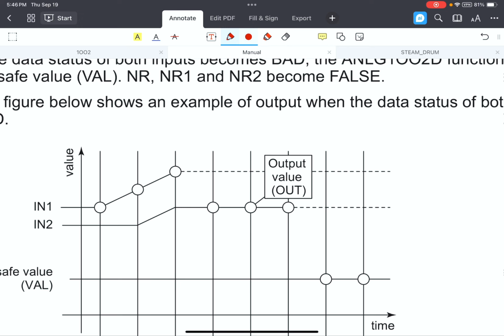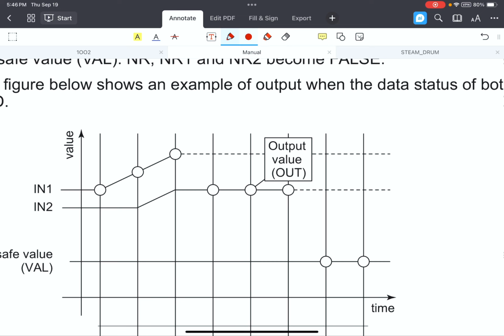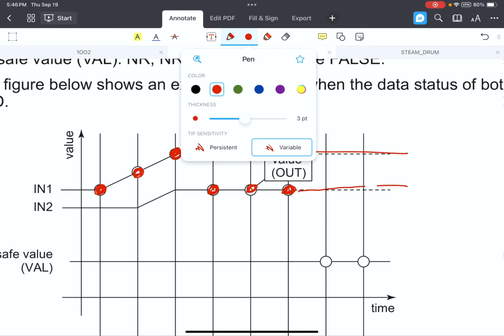So the next chart is explaining the quality signal. So here we are within the range, but the Q bad is important. Consider input 1 is reported to the output, but there is a quality issue with input 1, and we use input 2 as output, and then we had a quality issue with input 2, and we will report the failsafe.